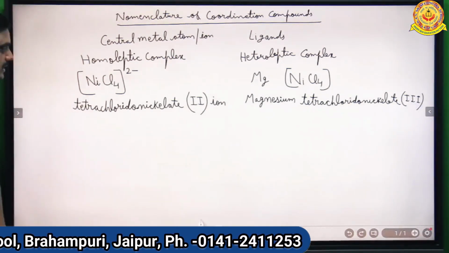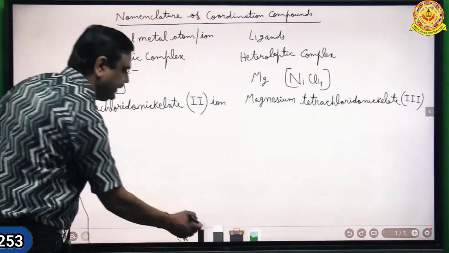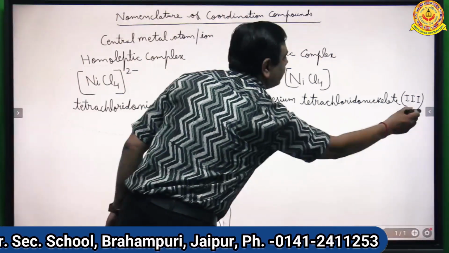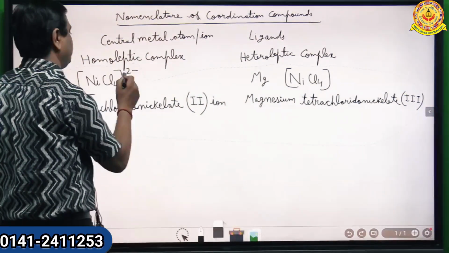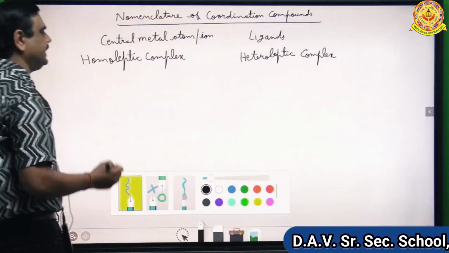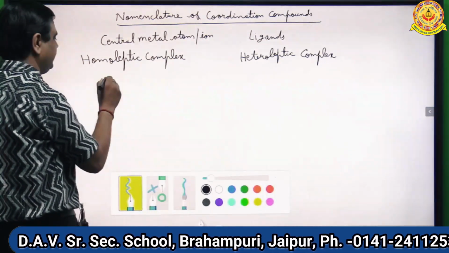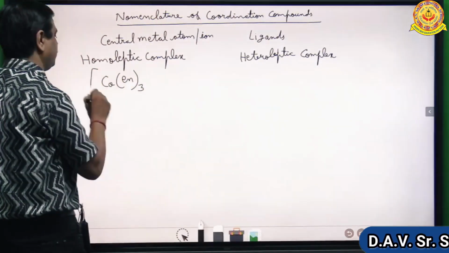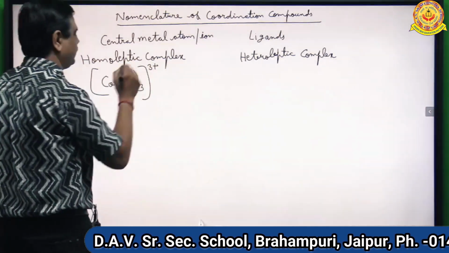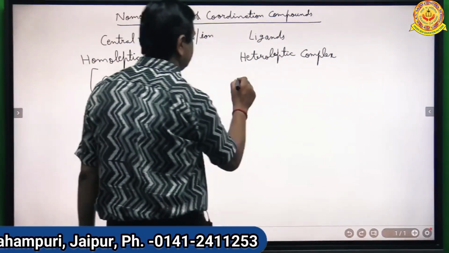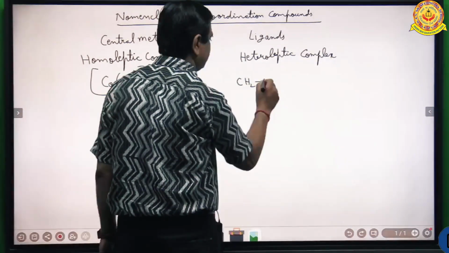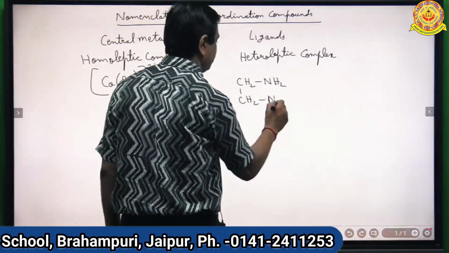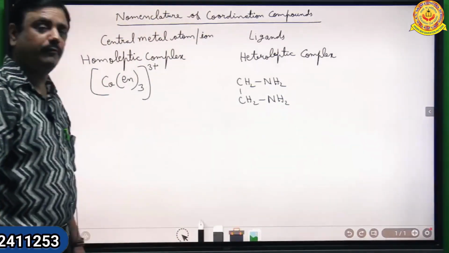But if we take any bidentate ligand, say I am taking en. What is en? This is from ethane.